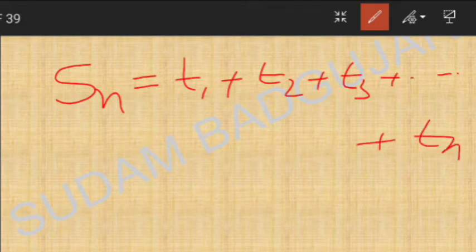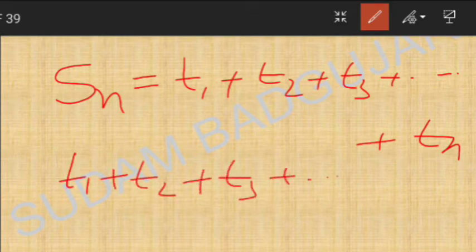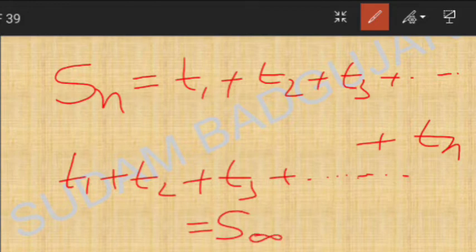If the sequence is either AP or GP, you can easily find the sum of n terms by using a particular Sn formula. But if the terms are infinite, that means T1 plus T2 plus T3 up to infinite terms, and this sum is denoted by S suffix infinity. S suffix infinity means the sum to infinite terms.